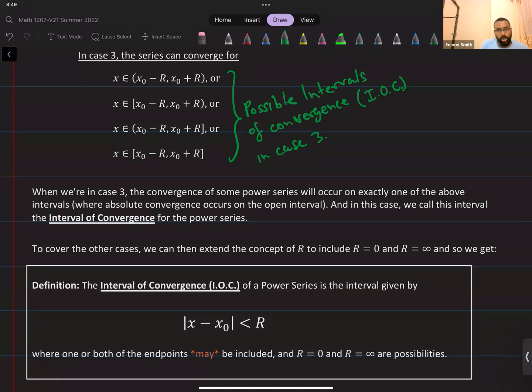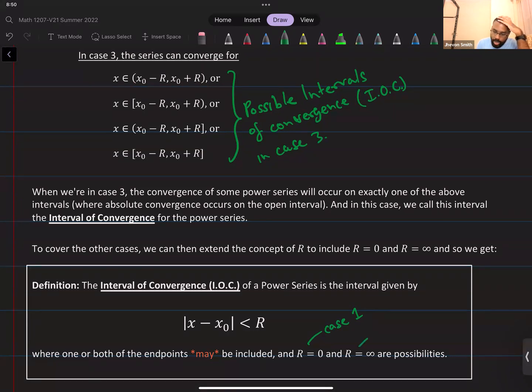R equals 0 is possible, which, if you directly plug it into this inequality here, doesn't really make sense for an absolute value to be strictly less than 0. But R equals 0 really describes case 1. That means your x would have to equal x naught, and it won't work otherwise.